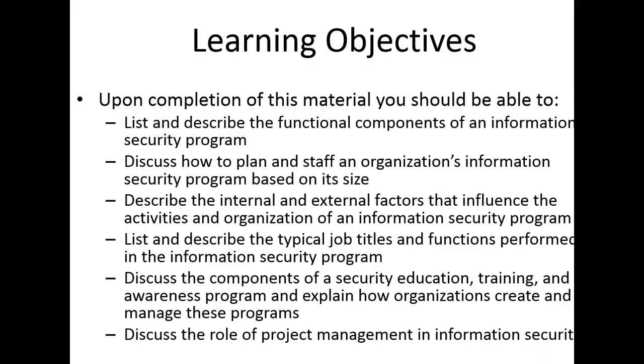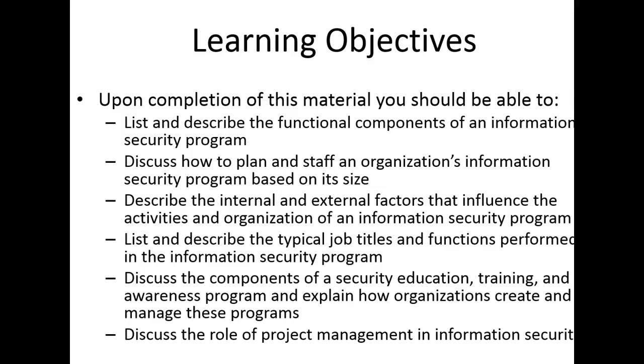In this chapter, some of the things that you are going to learn is that you will be able to describe the functional components of an information system program. Also, you are going to discuss how to plan and how to do staff management on the security program.